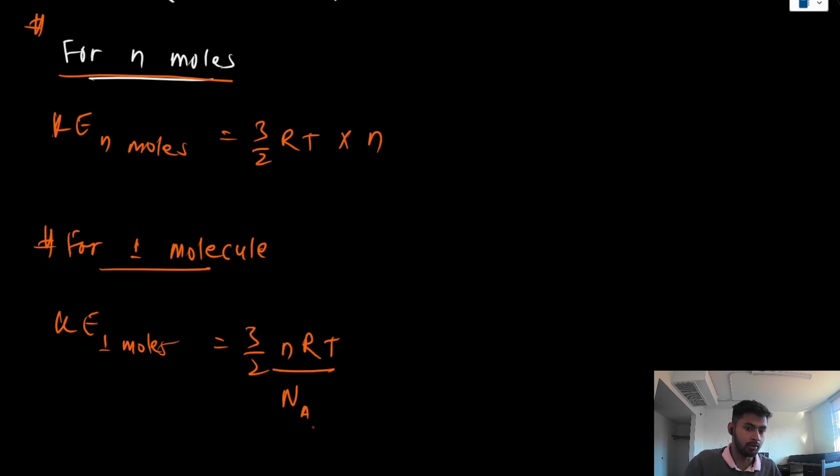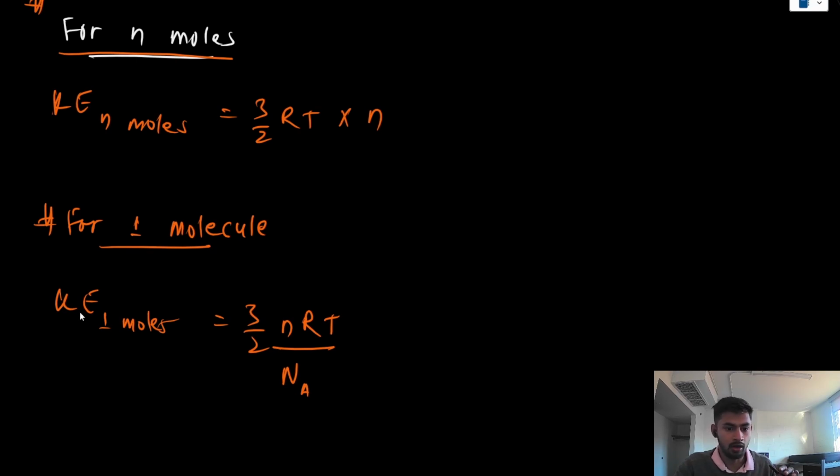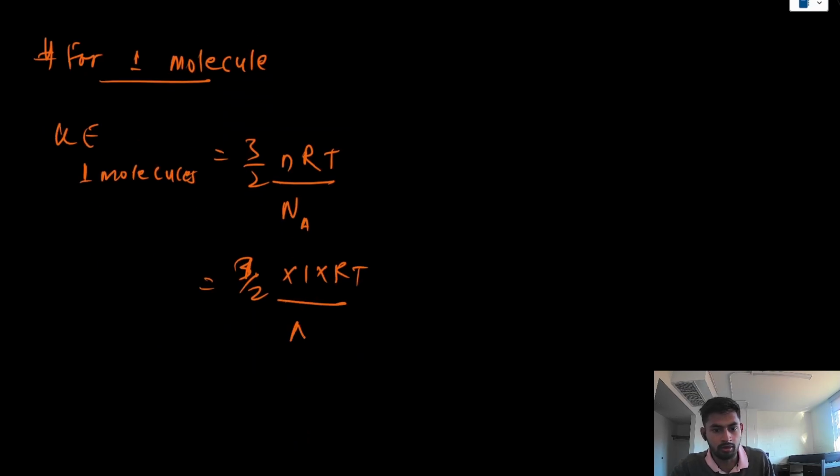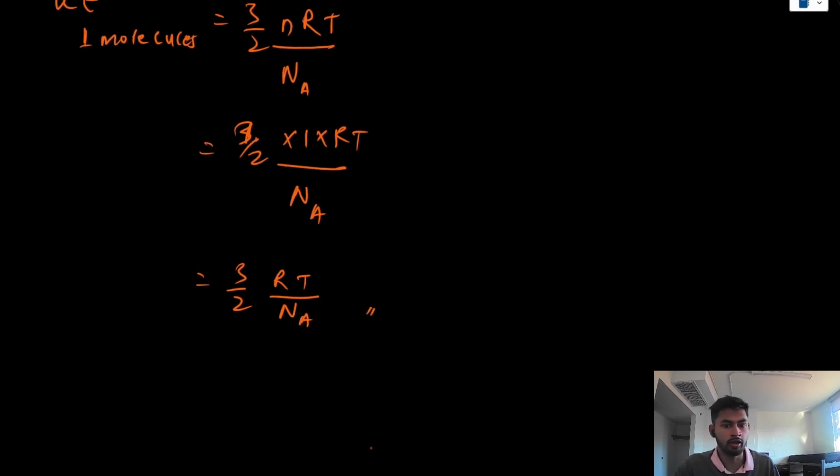And since the number of molecules for 1 mole is Na, it is 3 by 2 times 1 times RT divided by Na, which is the required kinetic energy of 1 molecule, which is read as 3 by 2 RT by Na.